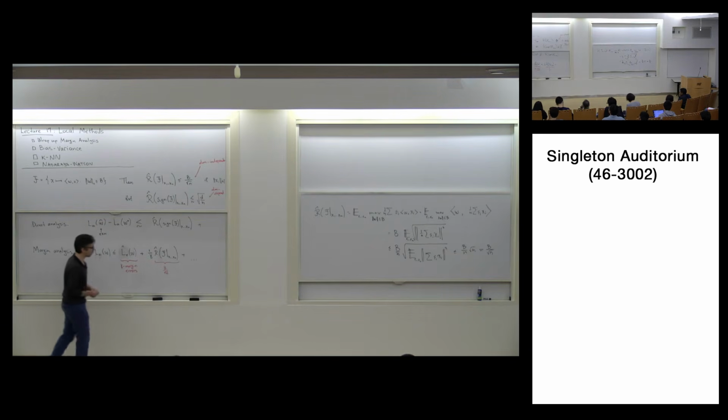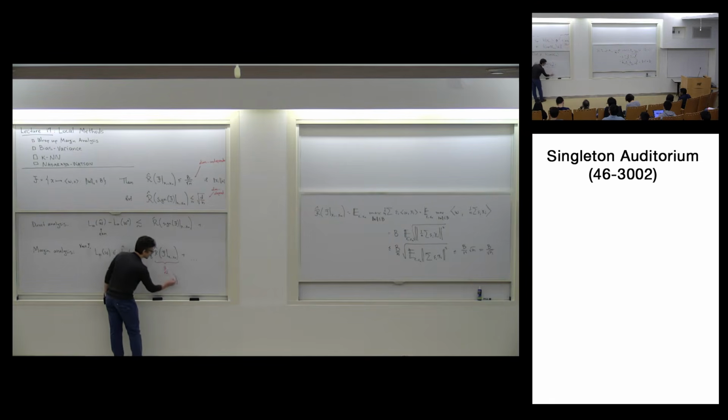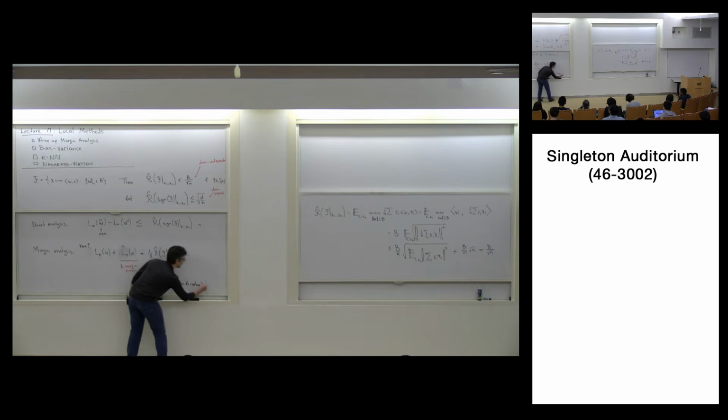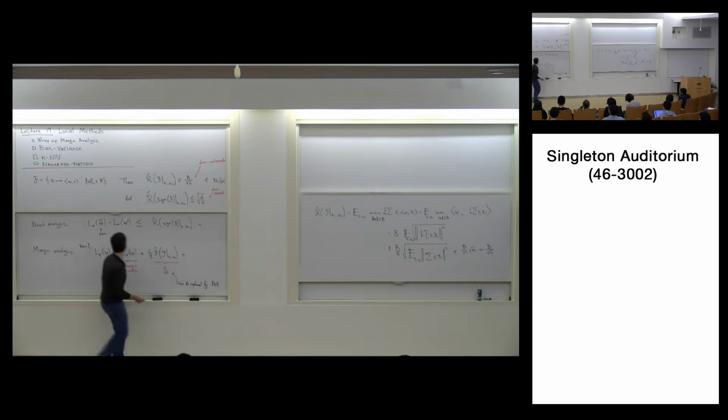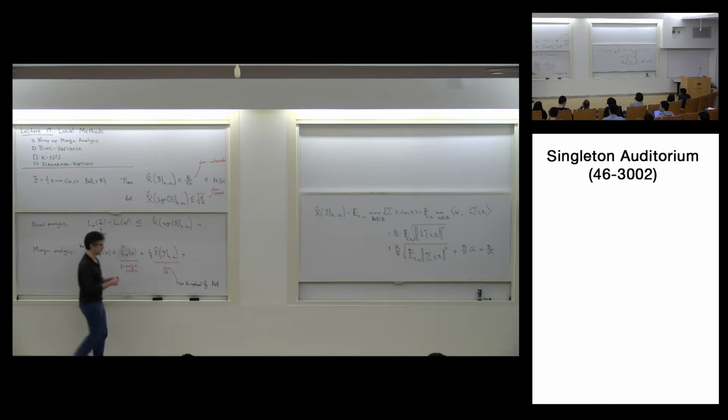And with a little bit more work, you can actually replace this by the norm of W itself. So for any W, you get a result that depends on the actual norm of W, instead of B. You get norm of W divided by square root of n.